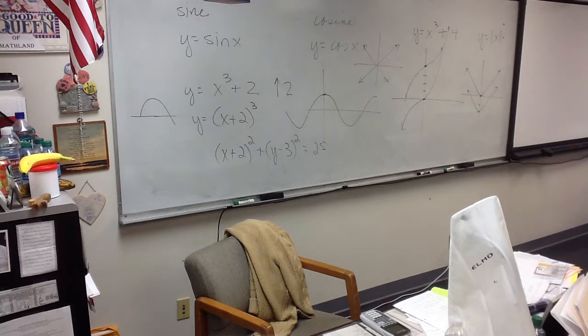Graph number 6. What's going on in graph number 6? What kind of shape is that? That's a parabola, which means it's a square. So that would have to go with equation F. Does it make sense to you when you look at the equation and you look at the picture? The parabola's been shifted 1 unit to the right.